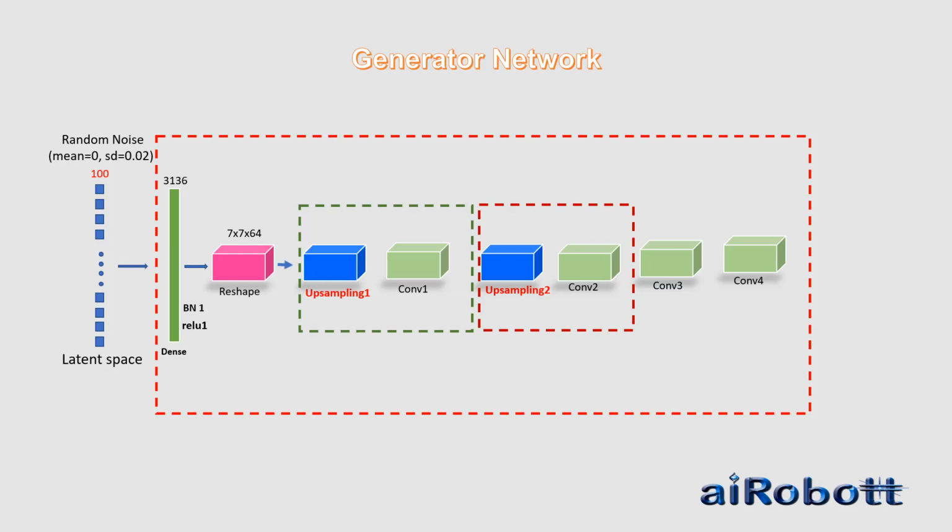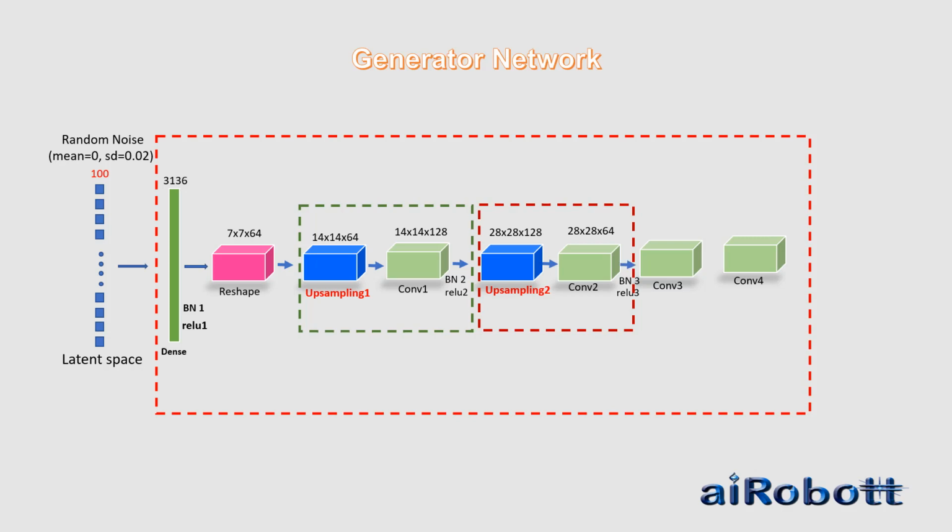Now it is passed through the upsampling layer for doubling its size in both rows and columns. Next, it is passed via a convolutional layer and applied batch normalization and ReLU activations. This is again passed via an upsampling layer to get double its size and passed via a convolutional layer, batch normalization layer, and ReLU activations.